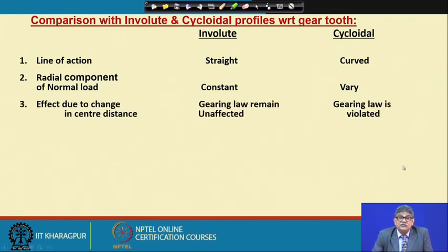Now, the effect due to change in center distance. If you change the center distance in case of involute teeth, we find that there are two base circles. These base circles are driven like a cross belt, that is, there is a common tangent. That means even if we move these two points, the same involutes will still touch each other, and therefore the gearing law will remain unaffected.